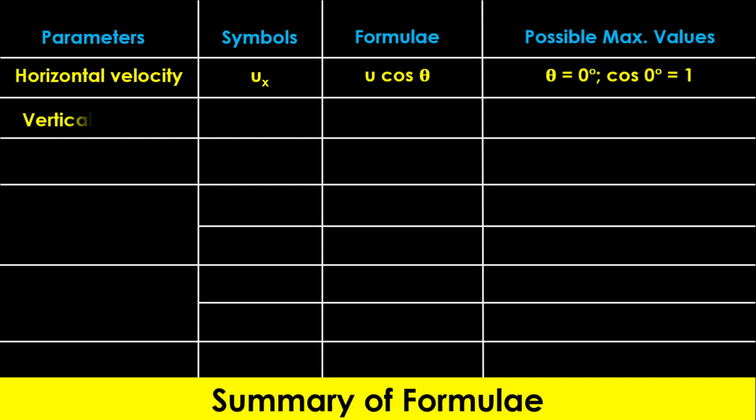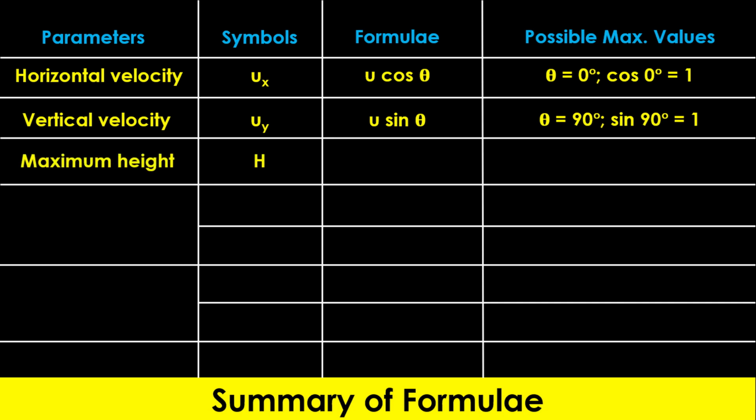Next is the vertical velocity uy, calculated as u sine theta, and its maximum value is when the angle of projection is a right angle because sine 90 degrees is 1. Next is the maximum height h, given as u squared sine squared theta over 2g. The highest possible height attainable by a given projectile will be when sine squared theta equals 1, and that will make theta equal 90 degrees.